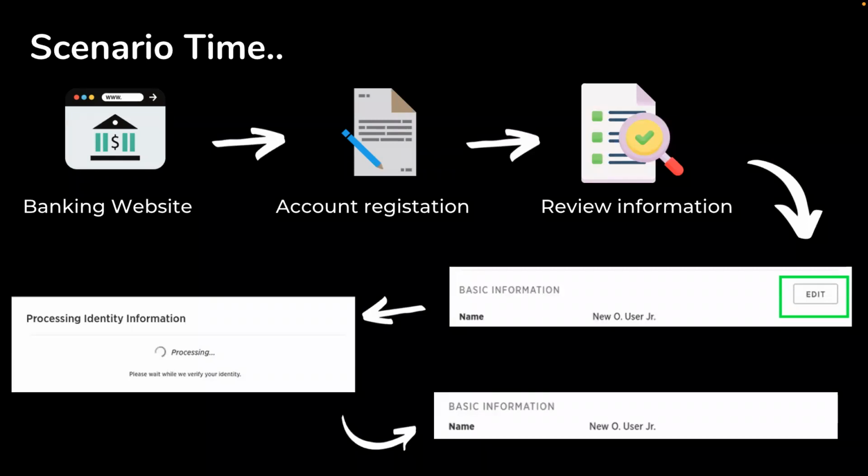Now there were two endpoints. One was authenticated, where they had given us the credentials, so you can log in and check, and the other one was unauthenticated, where you will have to request a new account registration. The new account registration was basically a form wherein you have to fill in all your details to get registered on that banking website.